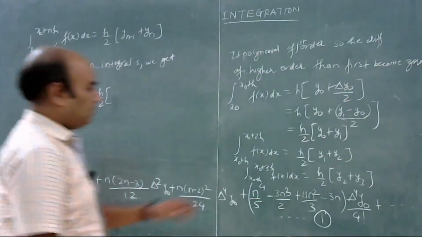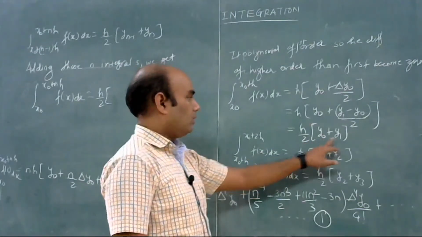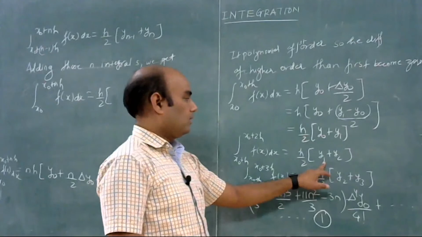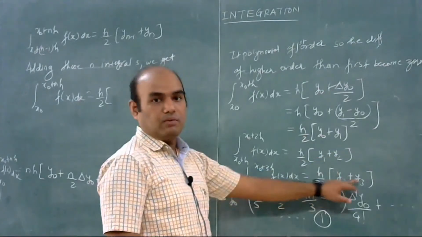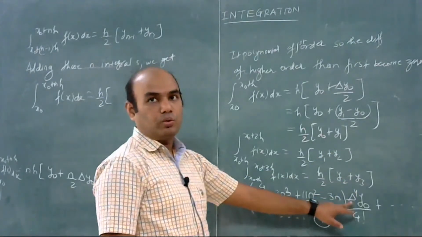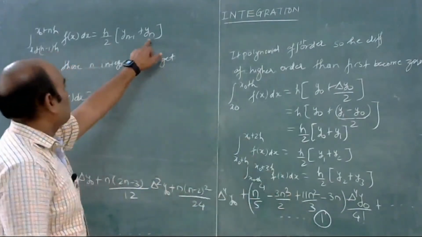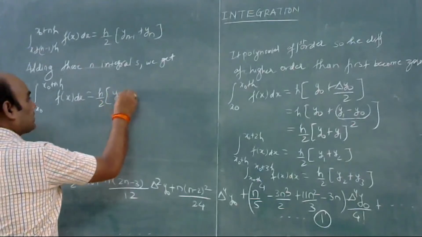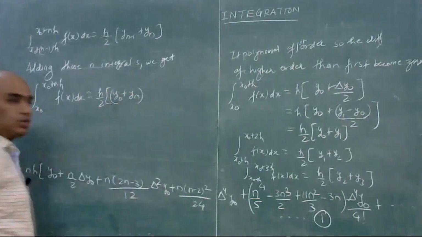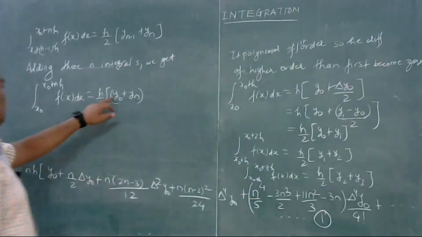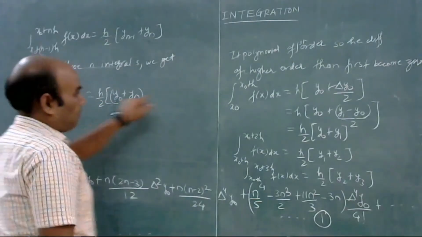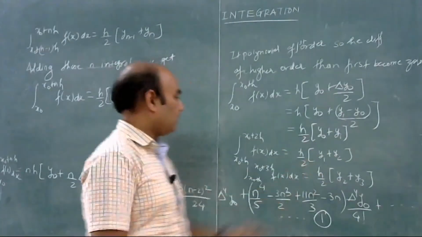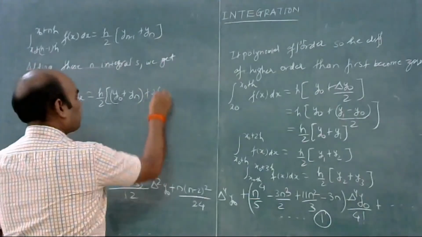Here what you see is y0, y1, y1, and y2, y2, then y3, y3, and so on, and here is yn. So this will be y0 plus yn, with no second y0 and yn. And this is y1 plus y1, so this will be 2y1.